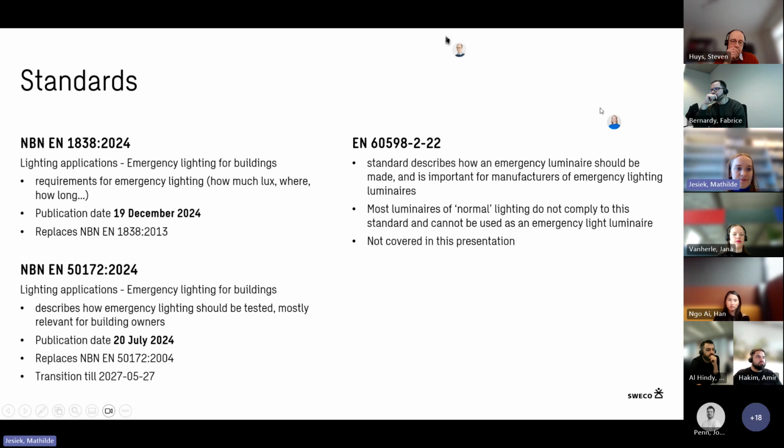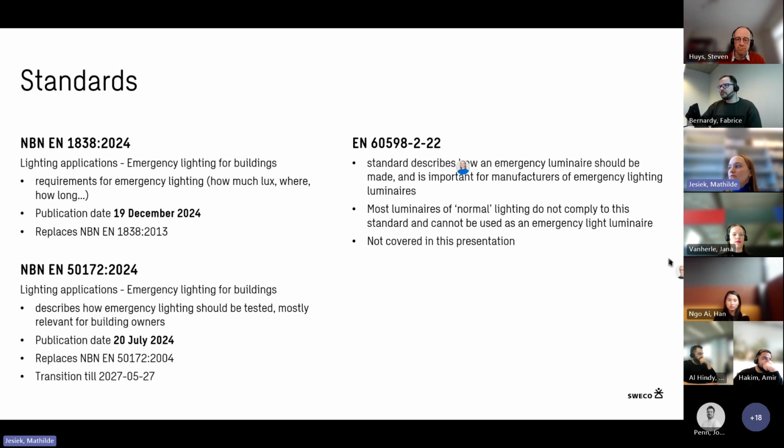All right. So you have 3 standards. This one will be mostly talked about today: how do you design an emergency light system for a building? On the other hand, you also have the 5172, which is more about testing emergency lighting. And then you have this one, which is more of a product norm.